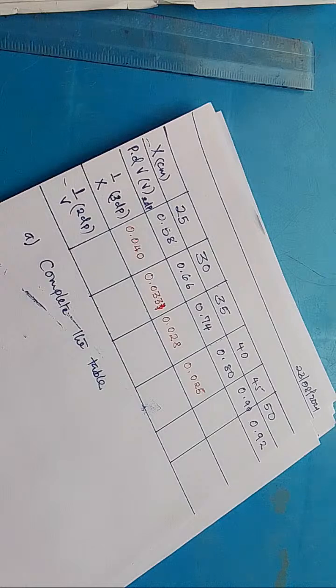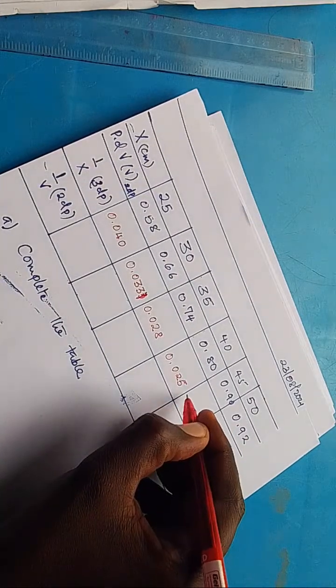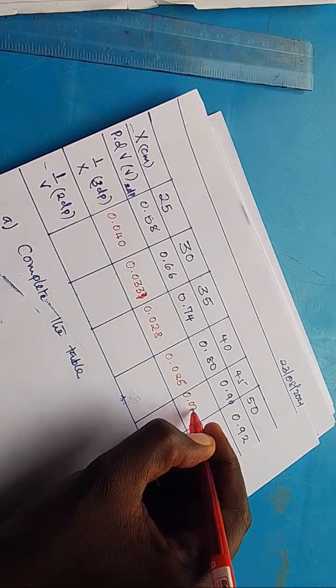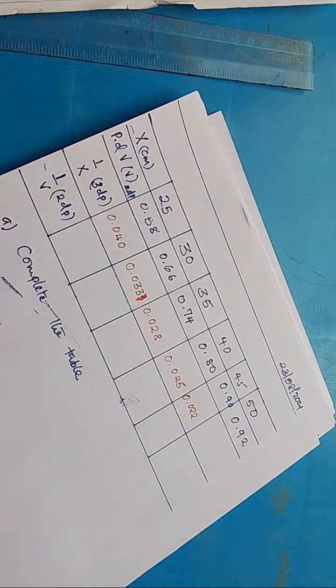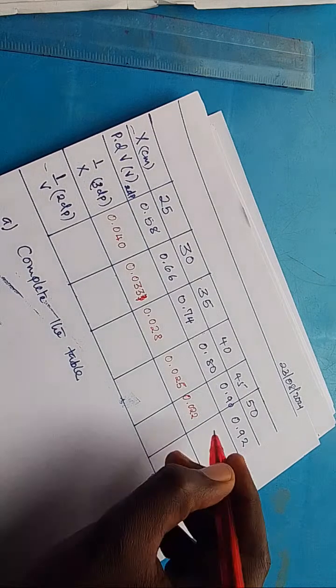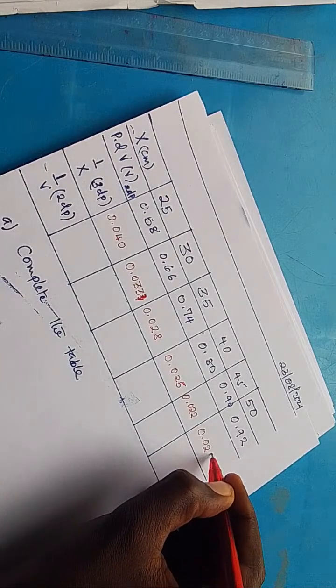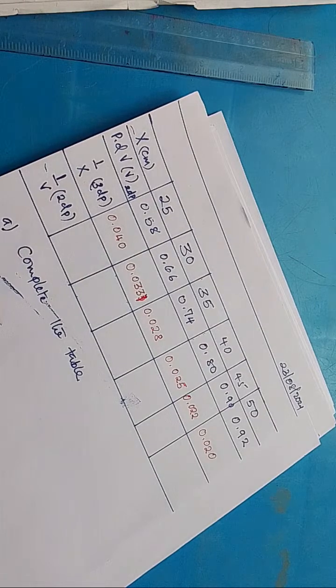The one for 45 becomes 0.022. The one for 50 becomes exactly 0.02, but for the sake of 3 decimal places, it becomes 0.020.